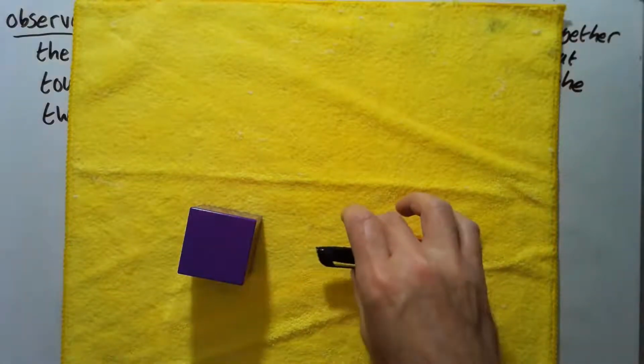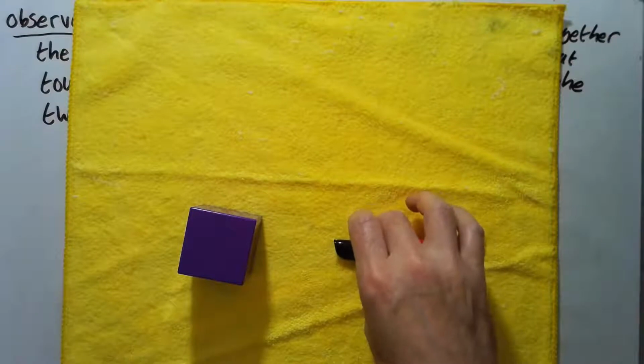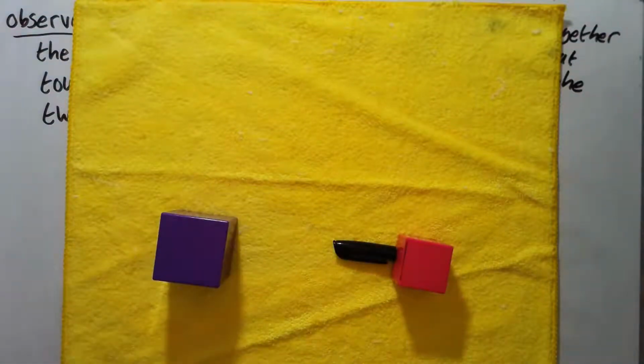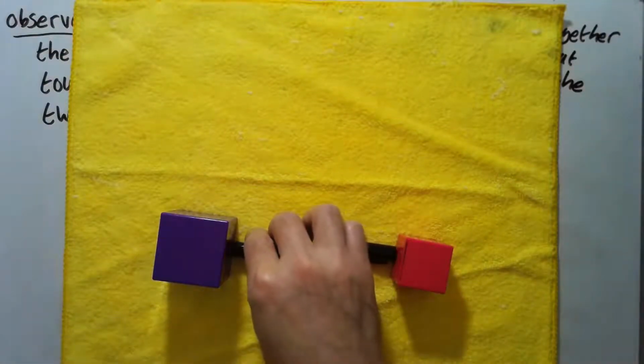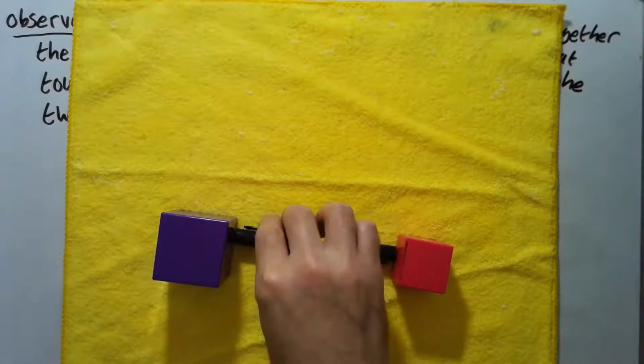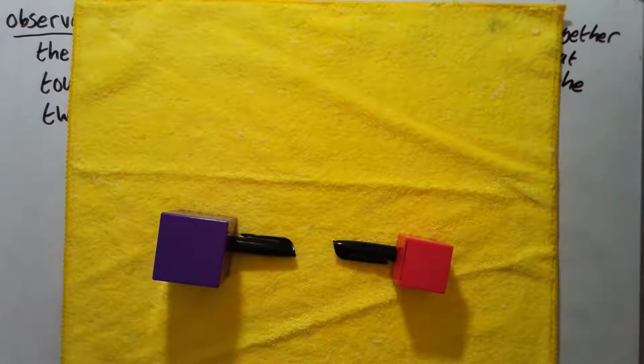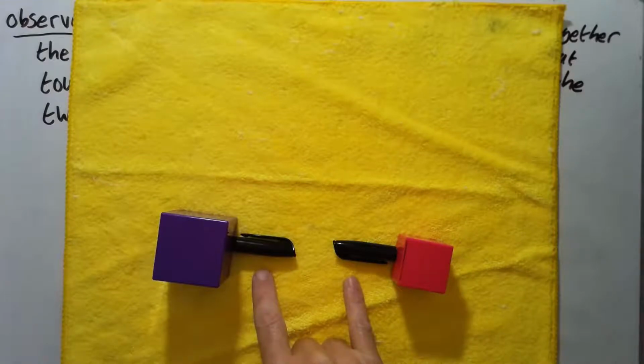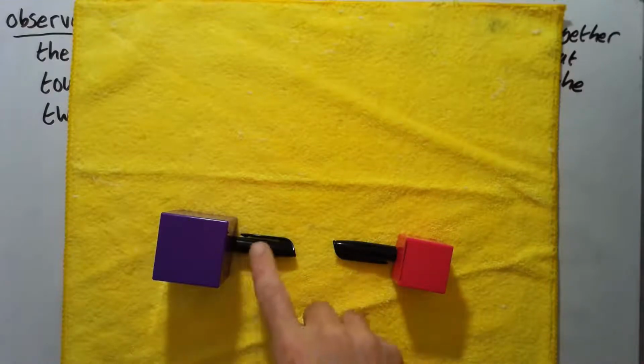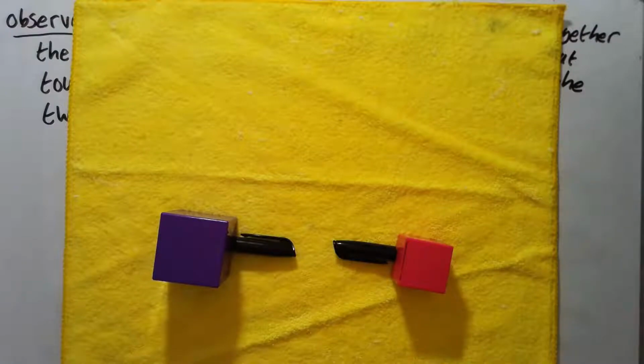So the normal vector for this one would be pointing in that direction, and for this one in this direction. The absolute value of the fluxes would be the same because they're touching, but the normal vectors are in opposite directions. That means the fluxes in the portions where they touch will cancel.